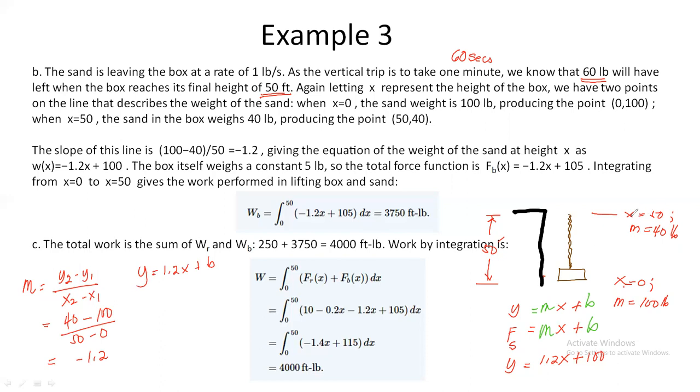X is the y. So I have here 50 equal to 1.2, what is my x here? 40 plus b. So 50, and by the way, this is negative 1.2. So 40 times 1.2 is b, right? Negative plus b. So b is equal to 100.